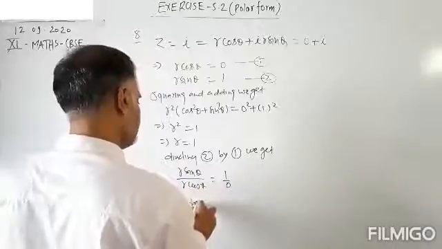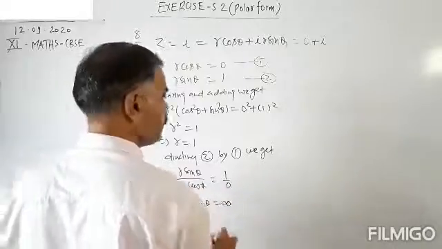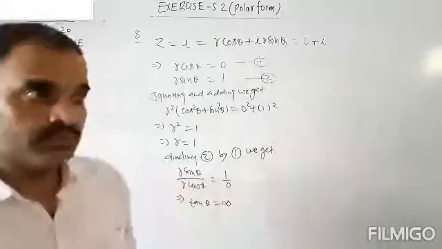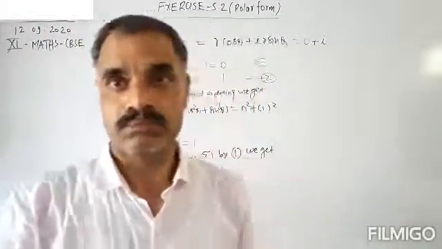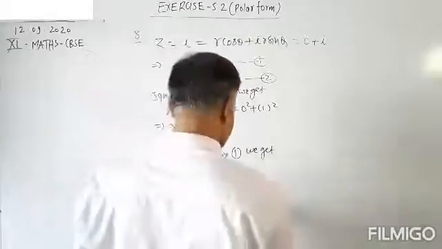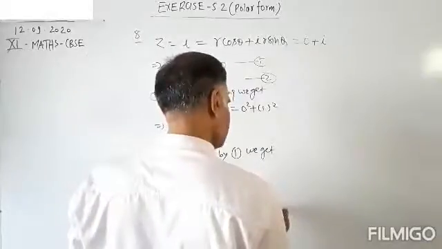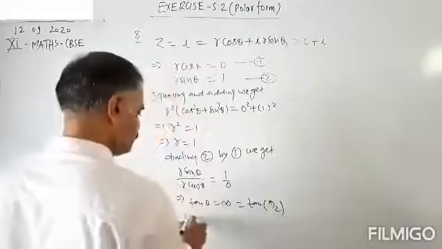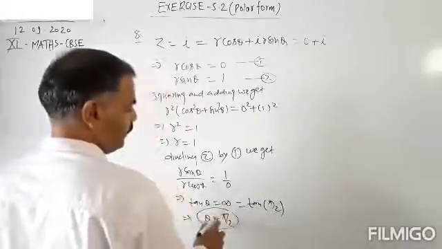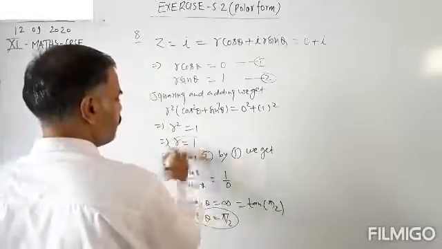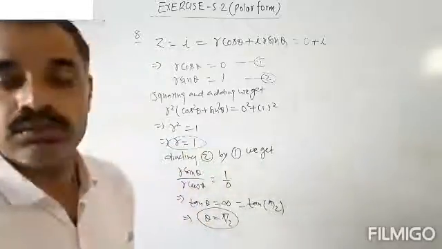So tan theta is equal to infinity, which means theta is equal to pi by 2. So tan pi by 2, so theta is equal to pi upon 2. So the amplitude is theta equal to pi upon 2 and the magnitude is r equals 1.